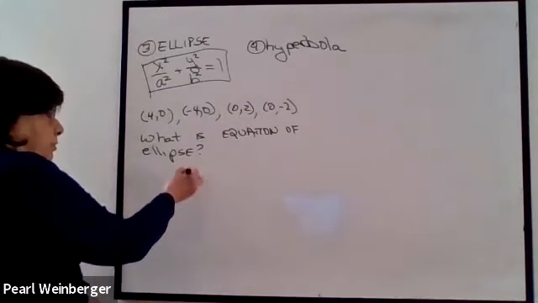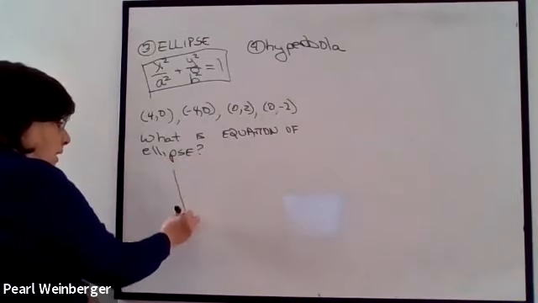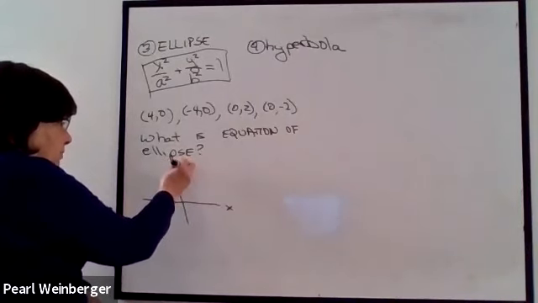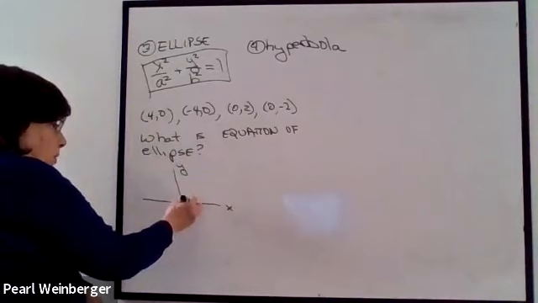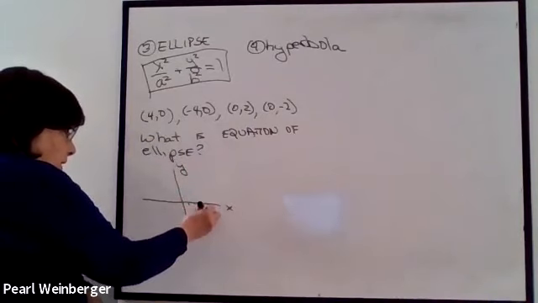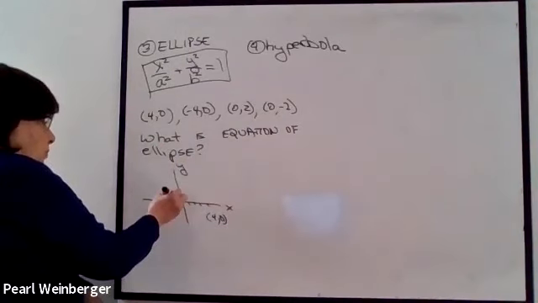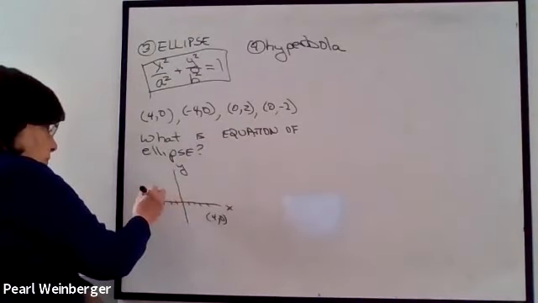Okay, I am going to draw a sketch of this. You do not have to do this, but it helps. Sometimes it helps if you look at the sketch. (4, 0) is 4 along the x-axis. Here's (4, 0). (-4, 0) is going 4 to the left.